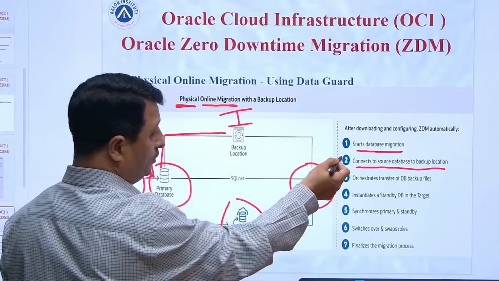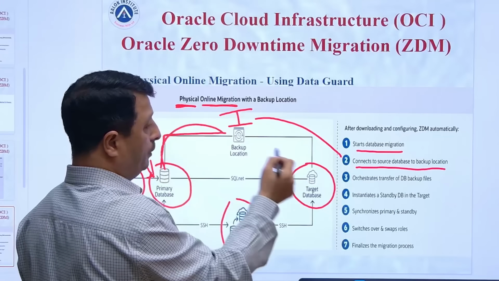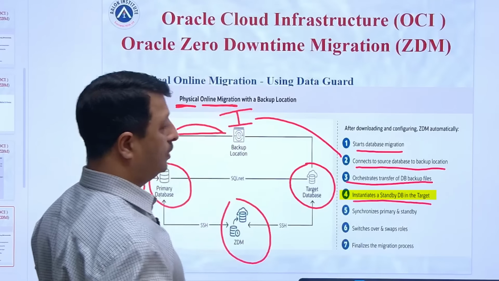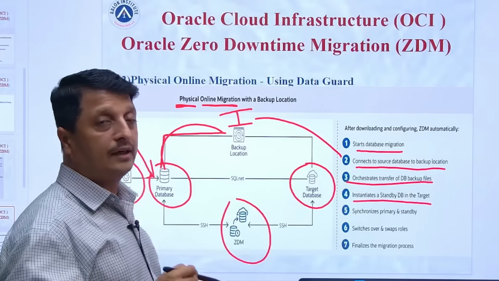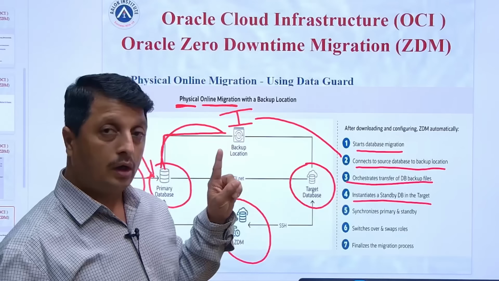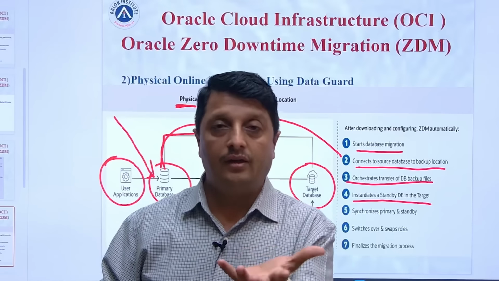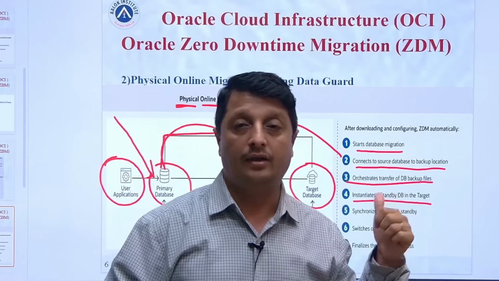In this example, it first finishes this part, then takes the backup, transfers the backup, all as given here. Then it prepares your standby. Using this backup, it makes the target database a standby. Remember, I prepared this database as an independent, separate, standalone kind of database. It can be a RAC, but I prepared it as standalone.